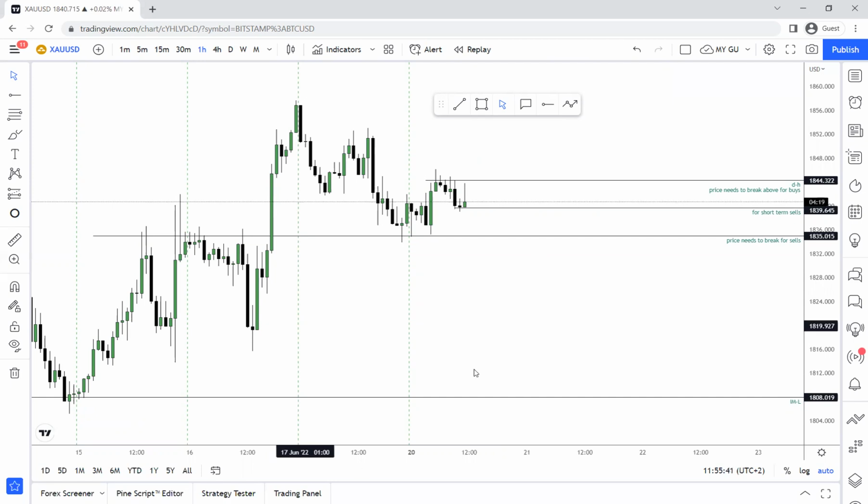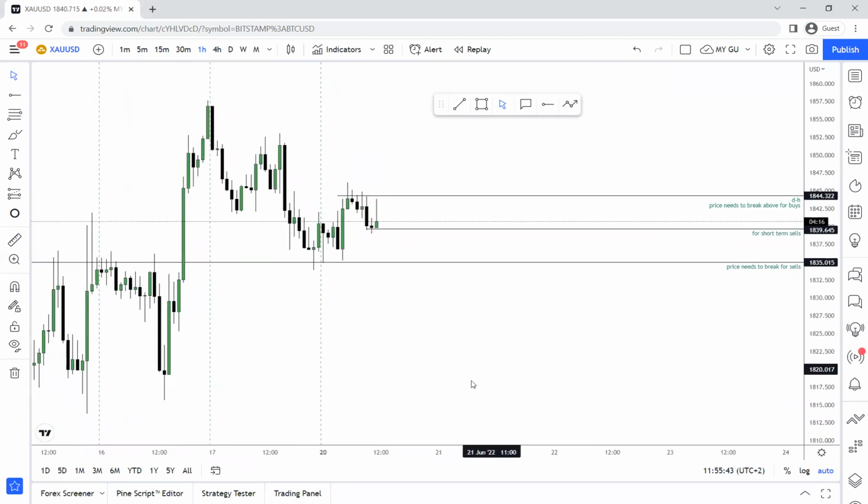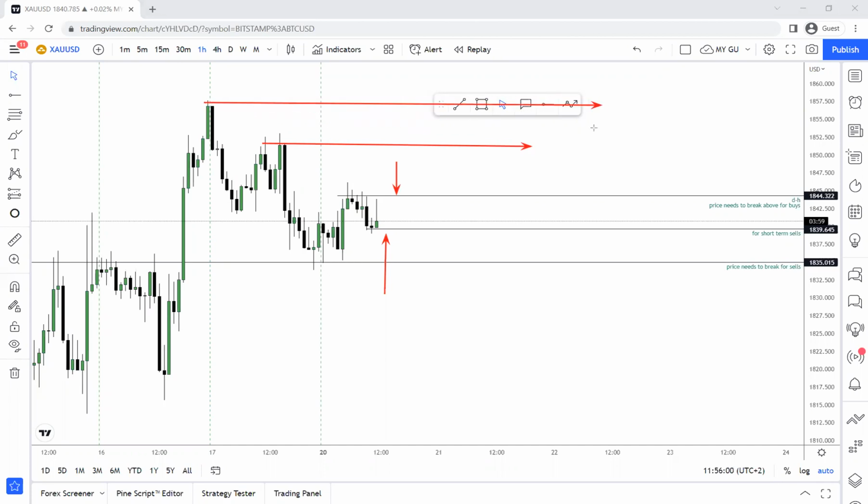As I have highlighted here, if price breaks the lower price it is at right here, that's a short-term sell. If it breaks this high, your first target is right here, right? And then your second target is right here.